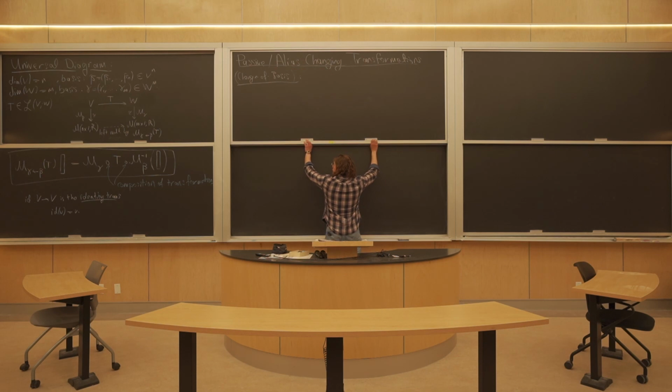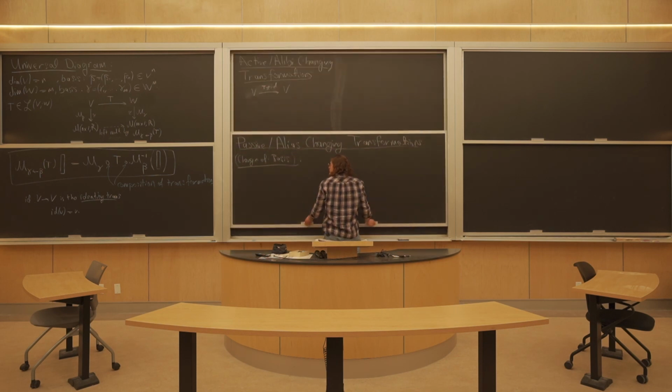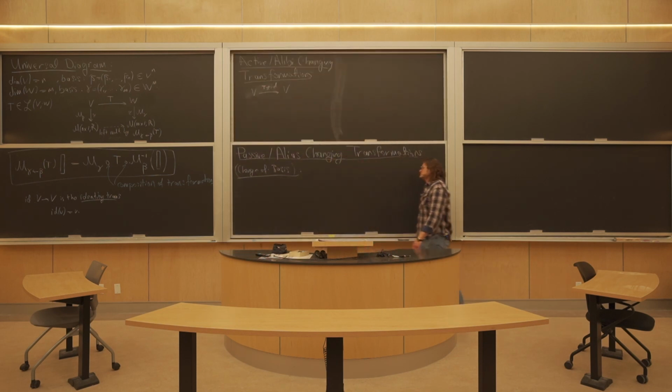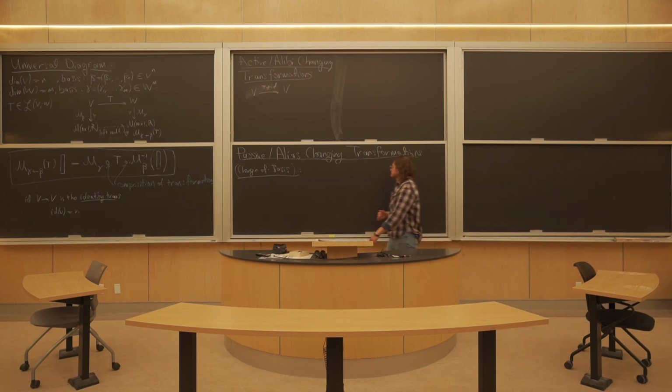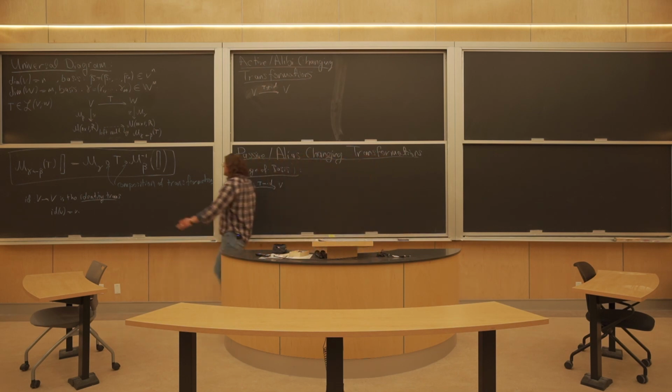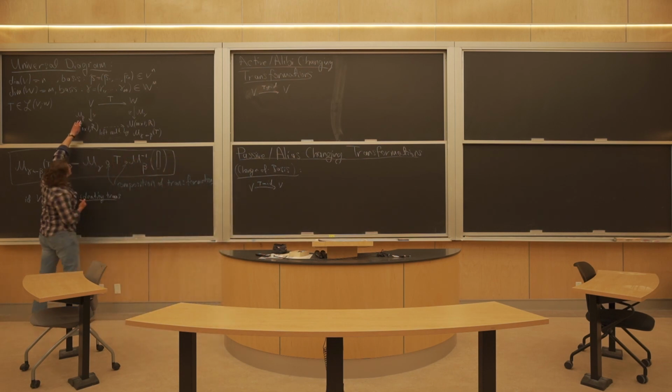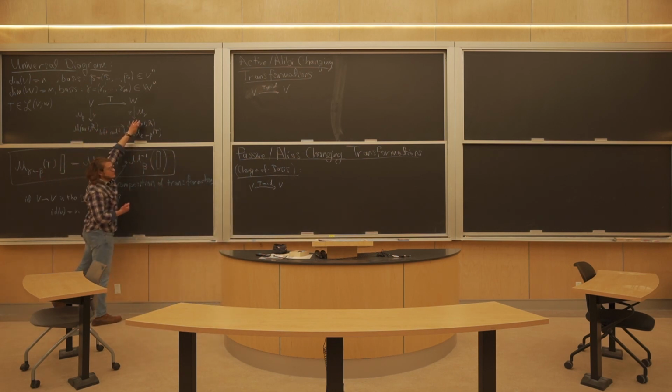What is more important for us in the context of changing the basis is what is called passive transformations. These are when T is equal to identity. Now what might happen is that you may use different bases here.